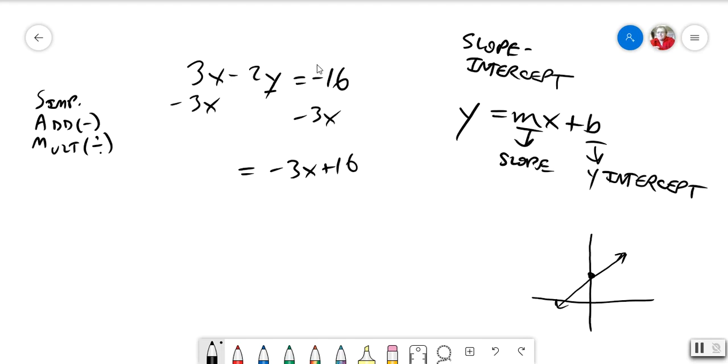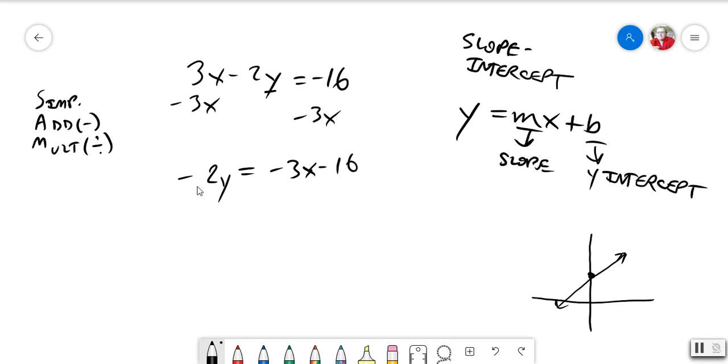So I drop that 3x down in front of the 16, and that 16 was negative. Wasn't paying attention there. So that should be negative 3x minus 16. One thing students screw up here is that this negative does not go away when I get rid of 3x. So now I have negative 2y equals negative 3x plus 16.